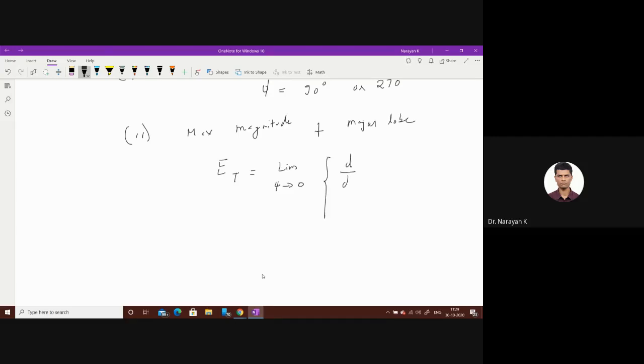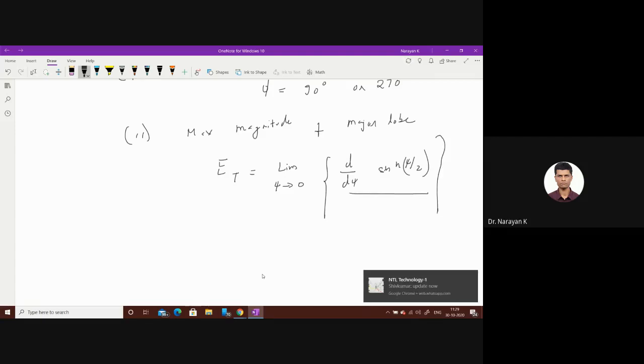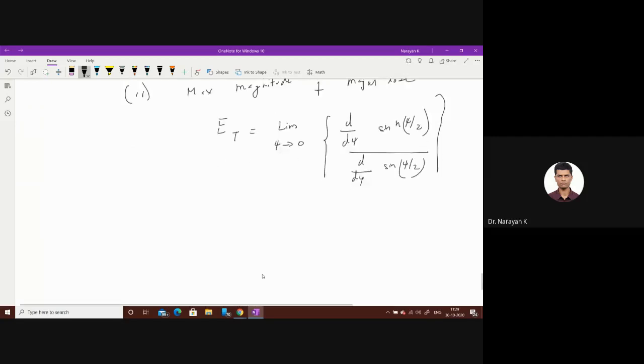I will take the partial derivative with respect to psi of sine n psi by 2, divided by the partial derivative with respect to psi of sine psi by 2, as psi tends to 0. This is found equal to n. This derivation is not needed for you.